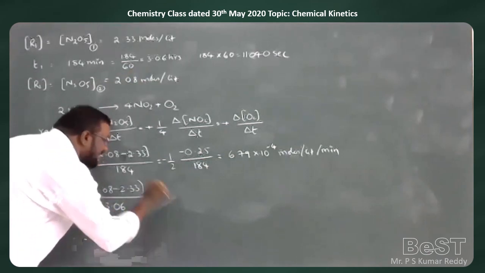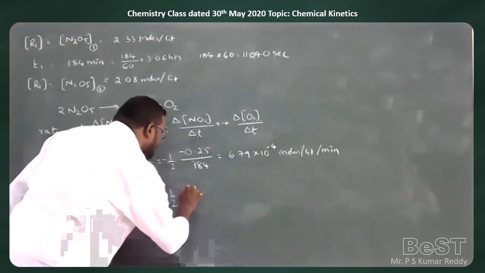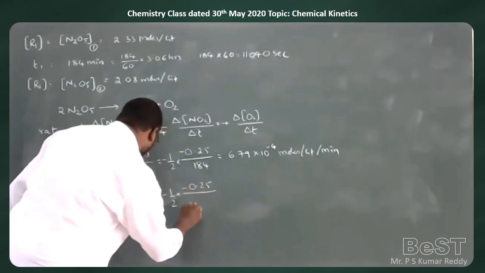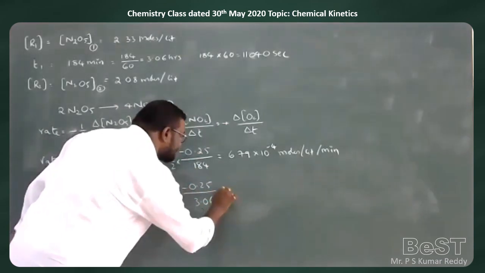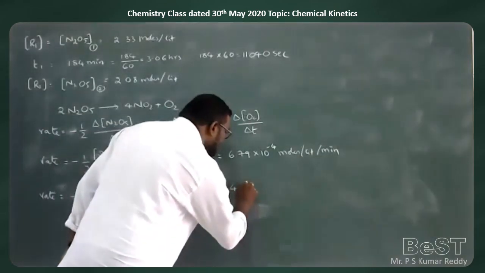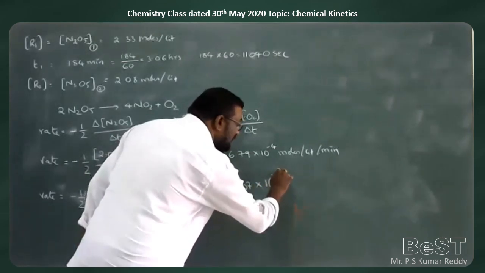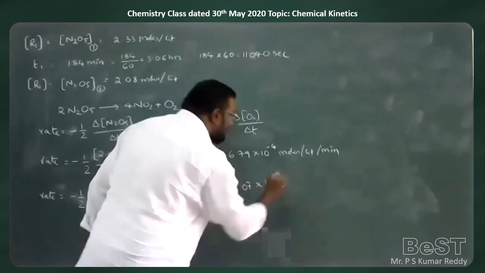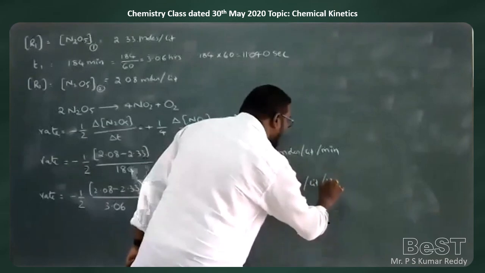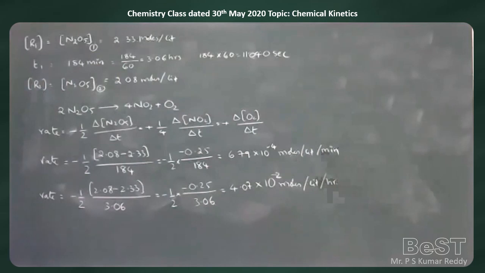So minus half into minus 0.25 by 3.06 equals 4.07 into 10 to the power of minus 2 moles per liter per hour.